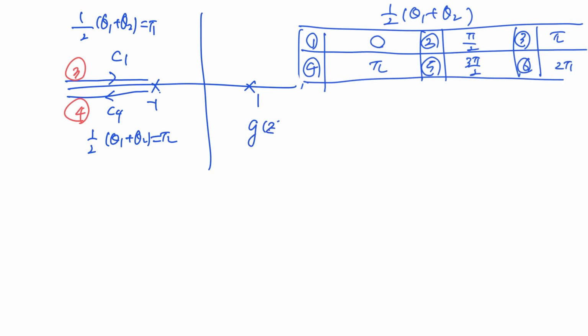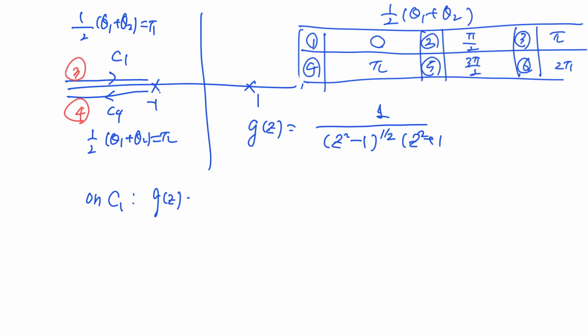GZ is c square minus 1 to the half, c square plus 1 over 1, right? So on C1, GZ can be written as the following, right?